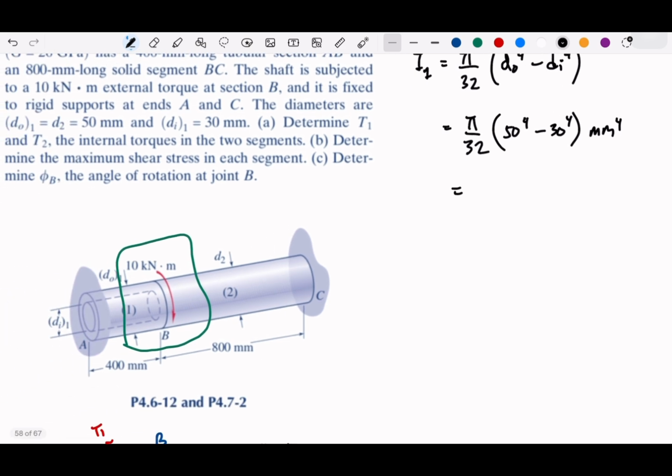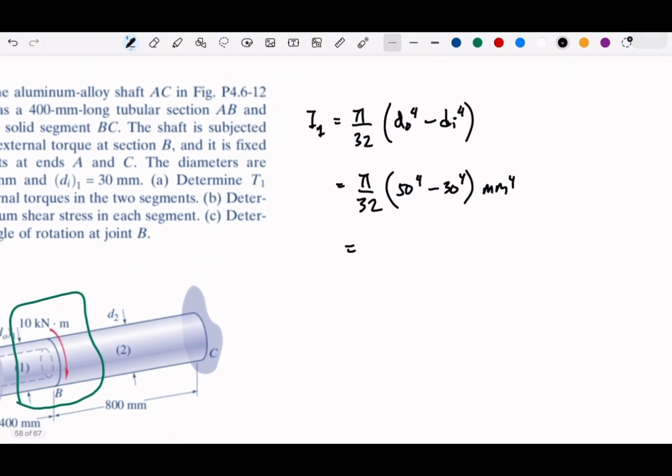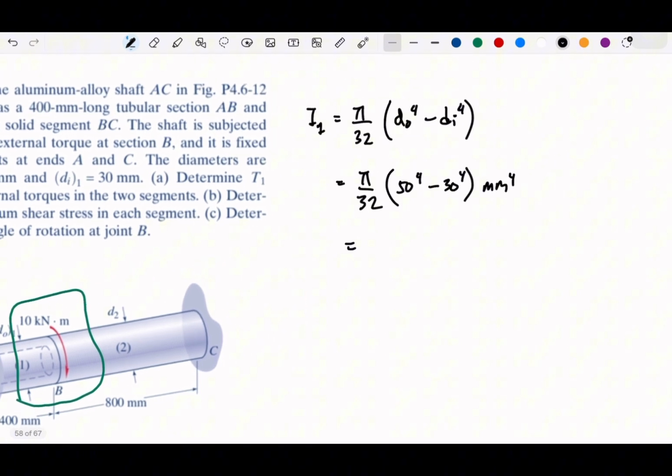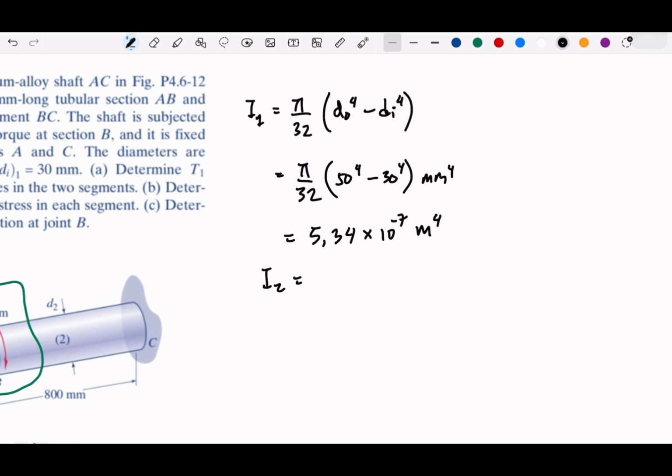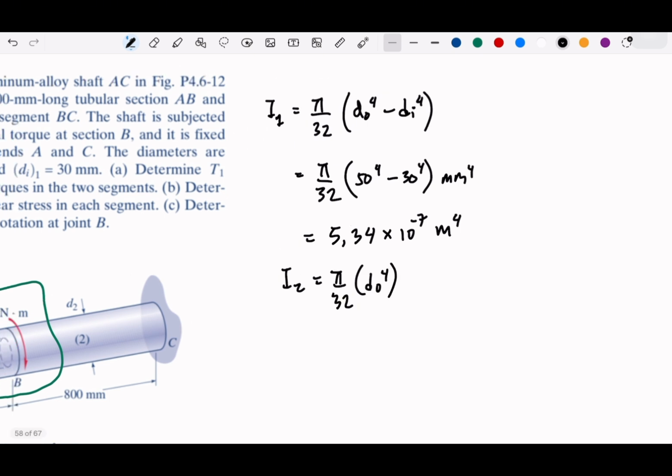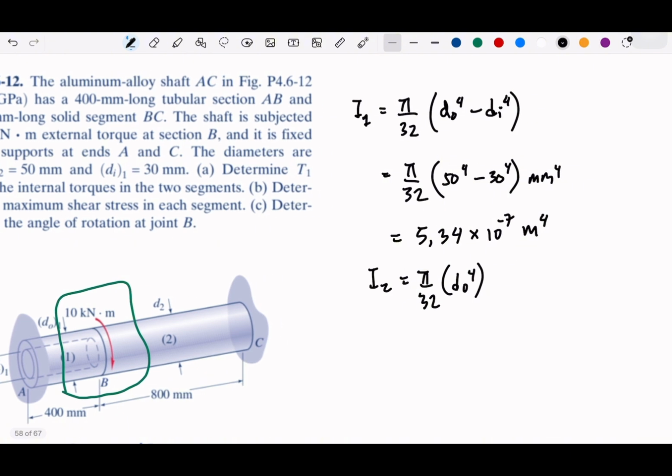But since our torque is in meters, I will also convert this to meters with power of 4. If we compute this, it will get you around this number. And then the inertia for element 2, which is the solid one. So this will be pi, this is the 50, right?